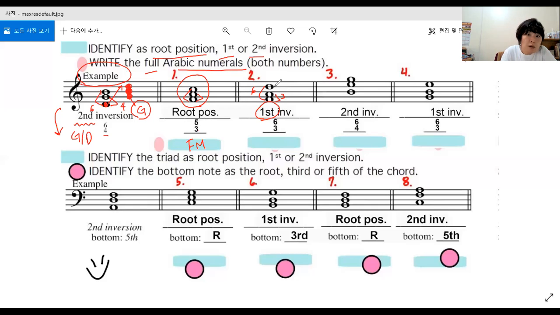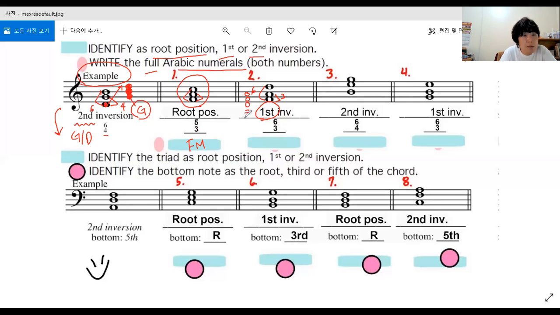Then this D, the top one, right, before it was on the bottom. So you just put this D down. Then this one is going to be the root position. This is D minor, right?